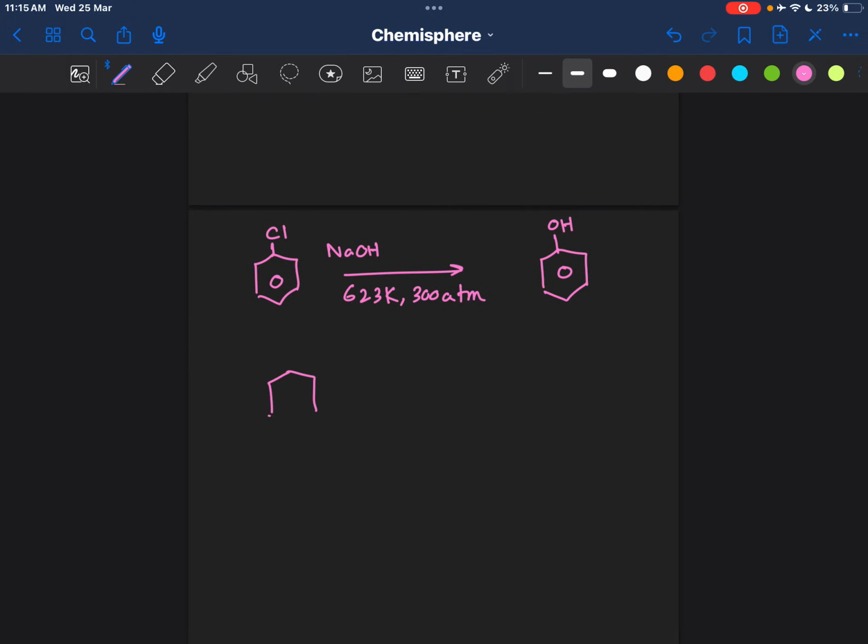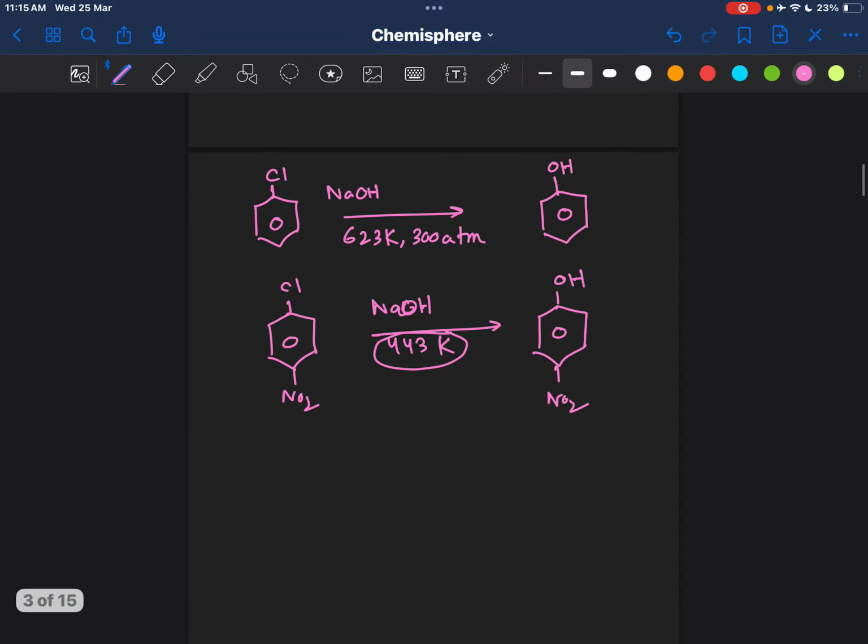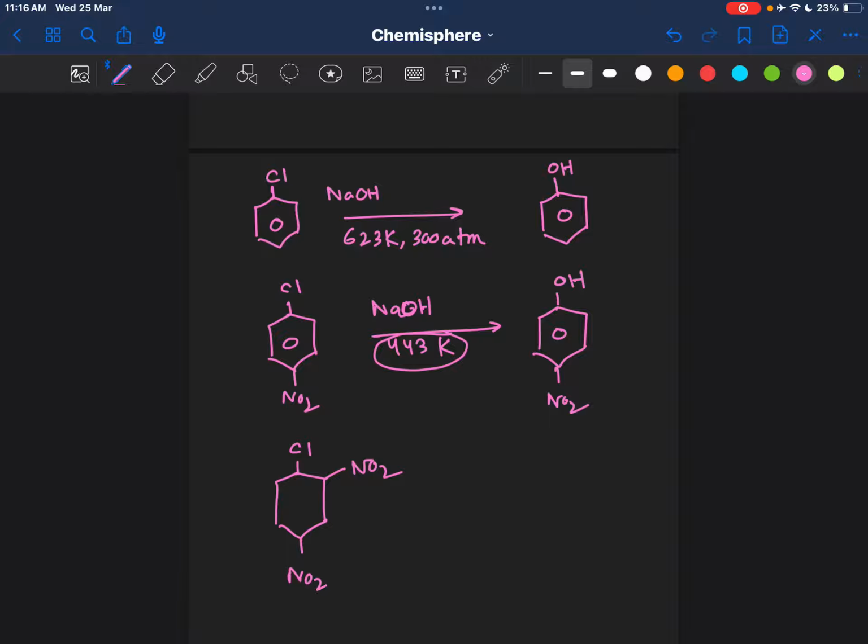If we have Cl, and if we have NO2 in the para position, and if we want to do the same substitution to get OH instead of Cl and NO2 in the para position, the conditions are 443 Kelvin. Can you see it has become less drastic now? Okay, cool. Now if we have Cl, NO2 and NO2 in the benzene ring in ortho and para position. Again, I'm taking NaOH.